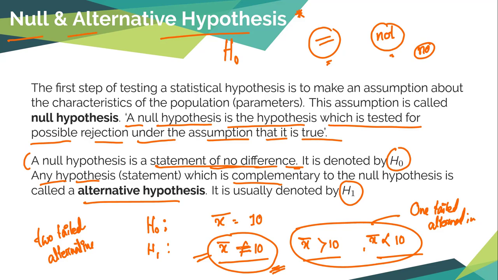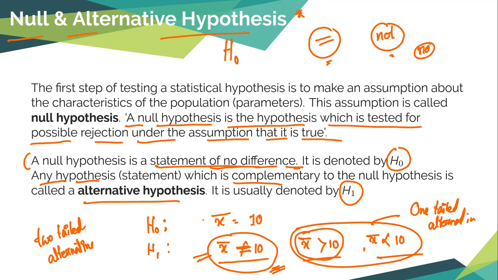That will be wrong. You also cannot use the assumption that x bar is greater than 10 in your null hypothesis. There are some situations when the question asks you to test whether x bar is greater than 10.